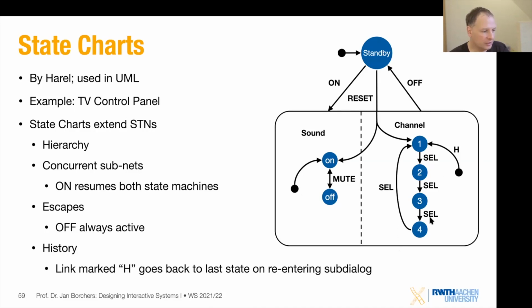Similarly, the channel state chart, that is the channel selector, when I hit on, will start the very first time I power up the TV with channel 1, because that's where this start arrow points, but it has an H for history. So next time I turn the TV off and back on, it will go back to the last channel it was on, which is kind of useful, right? So that's a good user interface feature. It remembers the channel I like watching.